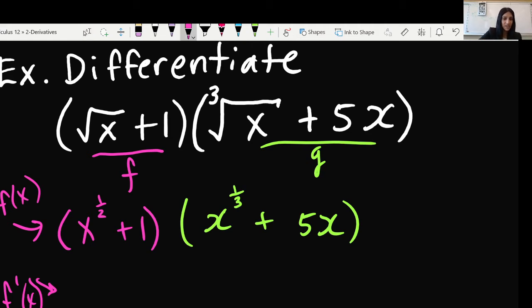So my f prime of x would be 1/2 x to the 1/2 minus 1, or minus 2/2 is a better way to put it. So I'd get negative 1/2 at the top. This is by applying the rules that we learned last day. And we know that when we have a constant, we get 0 when we take the derivative of that. So that gives us our f prime of x.